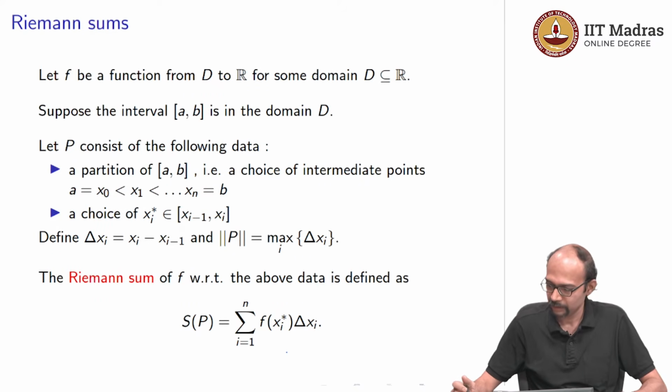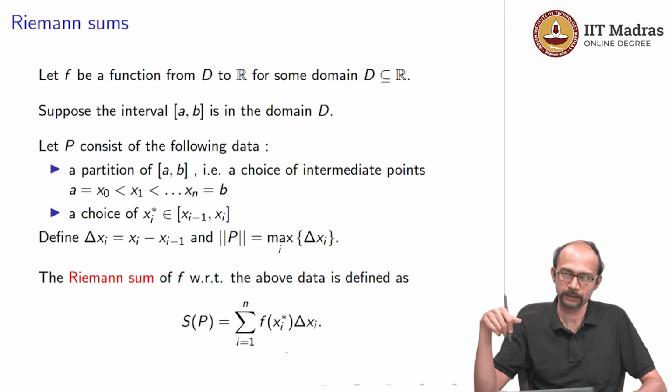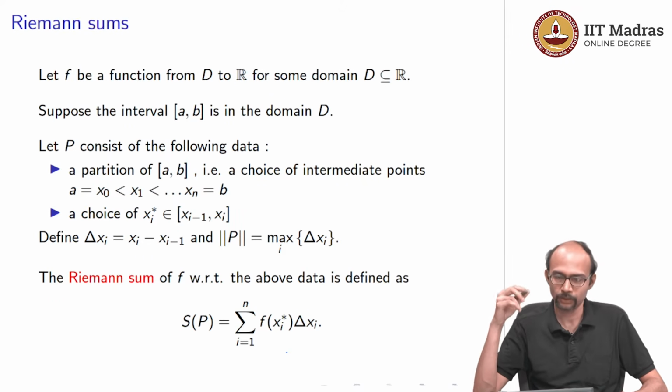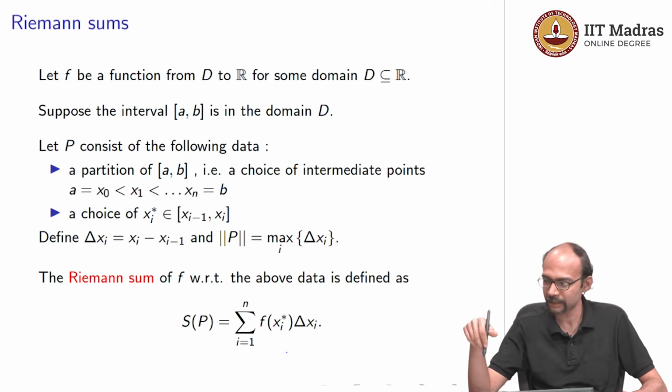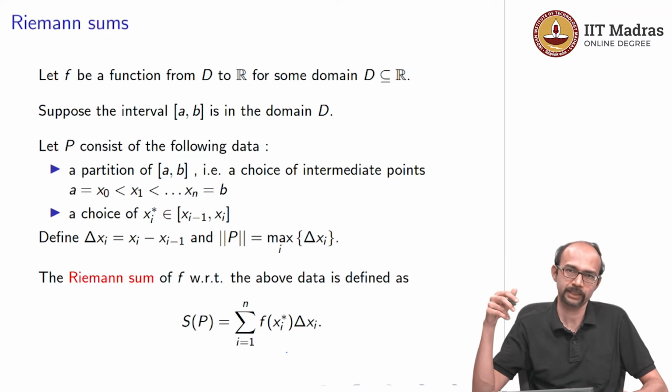What this is doing is, you take your interval x_{i-1} to x_i, and over that you take the rectangle of height f of x_i star. When you multiply the length, delta x_i, and the height, f of x_i star, you get the area of that rectangle, and then you sum up all these areas.